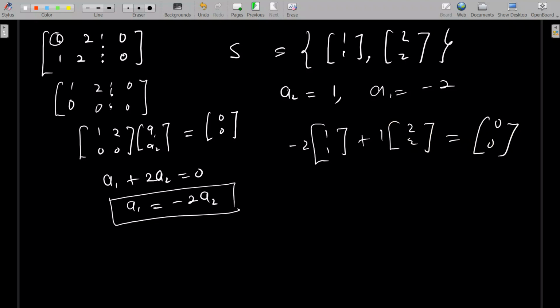In this case you always have to choose a2 because a1 is always negative 2 times a2. Again, you can choose zeros, but this is telling us that we have other non-zero scalars that can produce 0 in the linear combination. I don't know if this makes sense, but that's what it means to be linearly dependent and linearly independent. So in our next discussion, I'm going to talk about basis, which is the main focus of this class. All right, thank you.